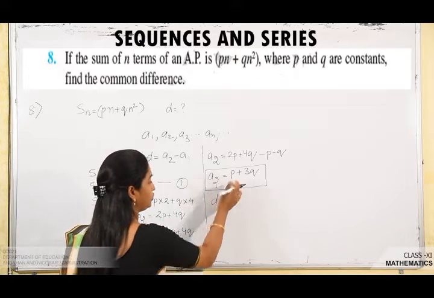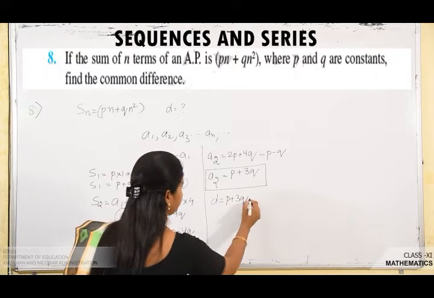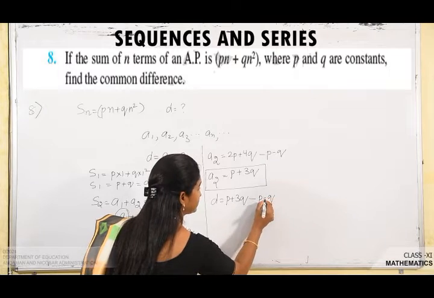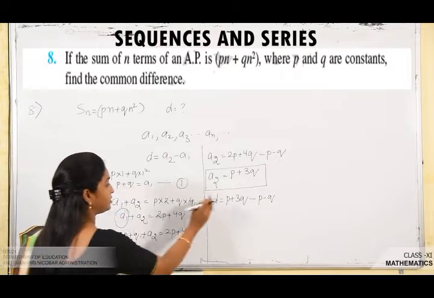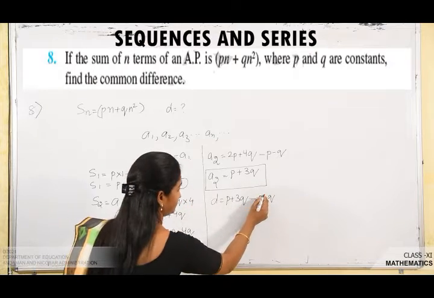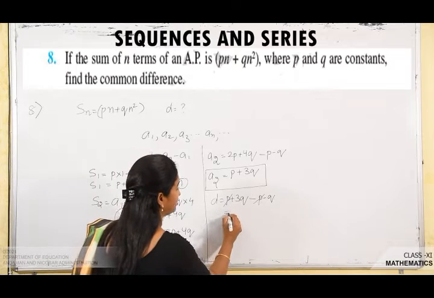So you will substitute the value of A2 as P plus 3Q minus the first term P minus Q. Why is it minus? Because here it is plus but here it is a minus sign, so minus into plus is minus. P and P cancel out and 3Q minus Q is your 2Q.